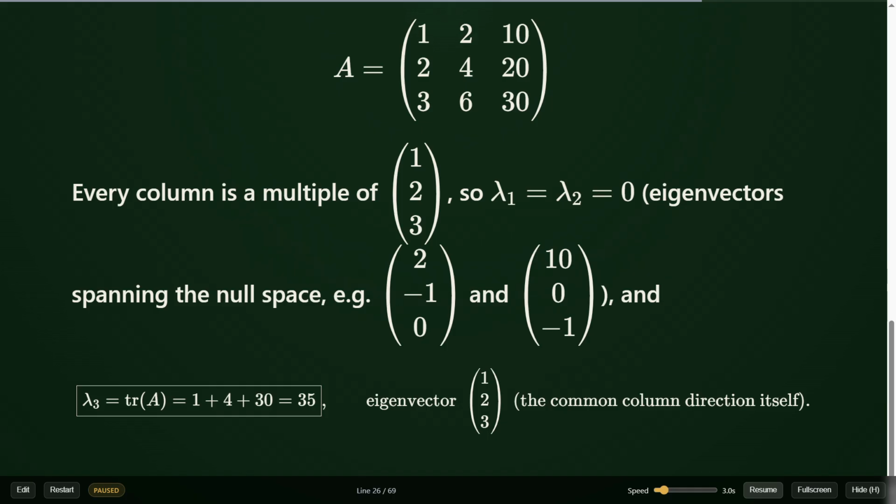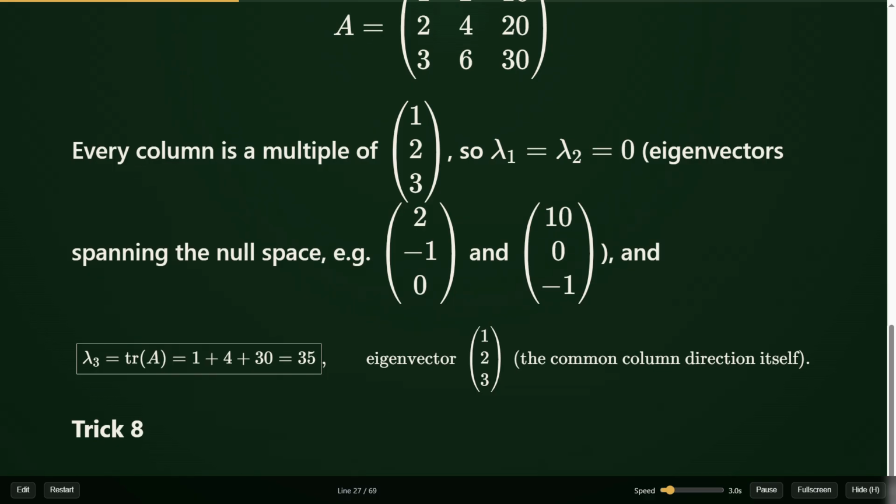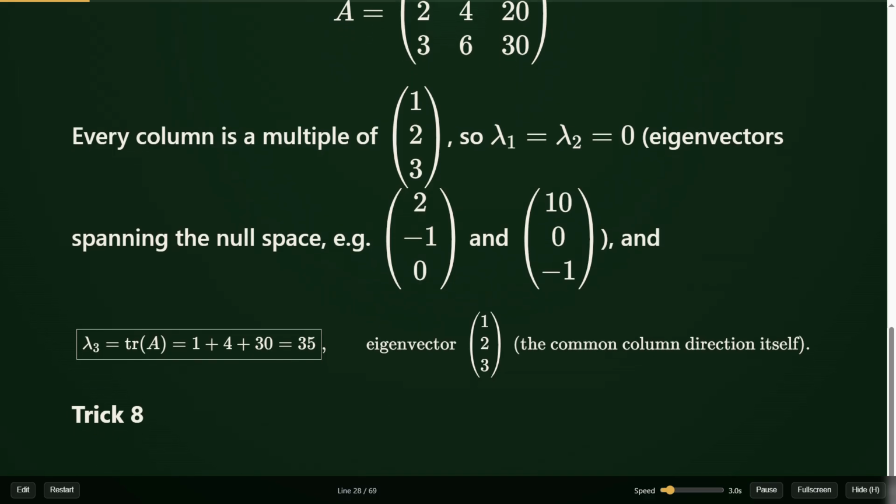If we take the first column one time, the second column two times, and the third column three times, the first row becomes 35, the second row becomes 70, and the third row becomes 105. So if we multiply 1, 2, 3 with matrix A, we will get 35, 70, 105, which is 35 times 1, 2, 3. So the third eigenvector in this case is 1, 2, 3.